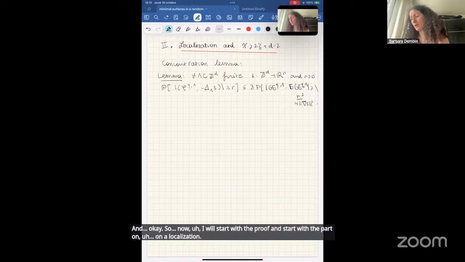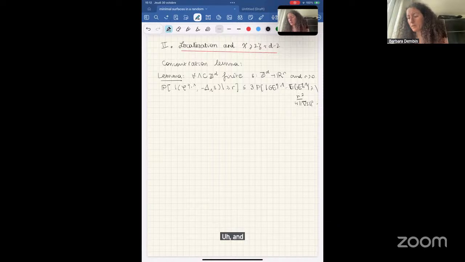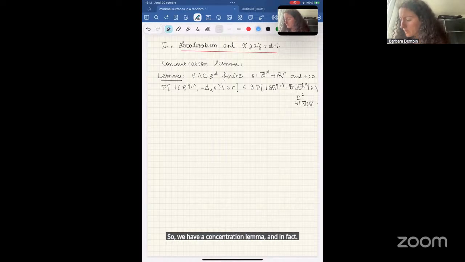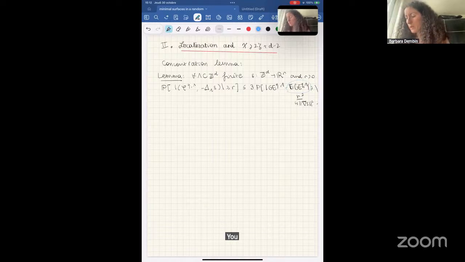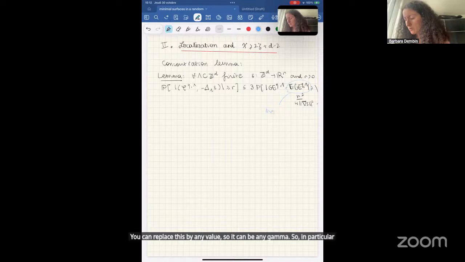And okay, so now I will start with the proof, and start with the part on localization and this side of the scaling relation. So we have a concentration lemma, and in fact, here you can replace this by any value. So it can be any gamma. In particular, it's also true with the median. That's the version Ron presented. So what is this lemma saying?